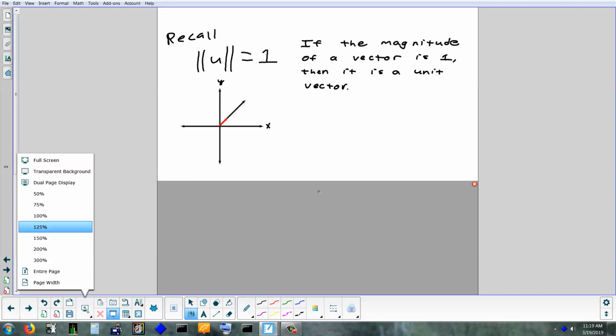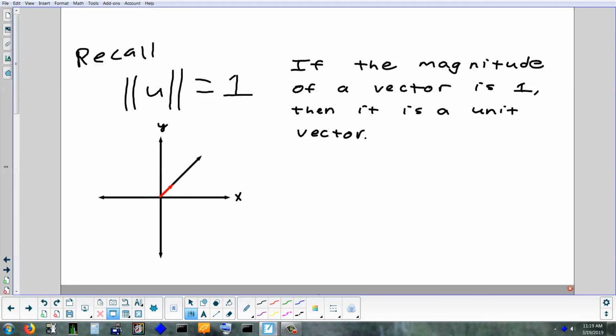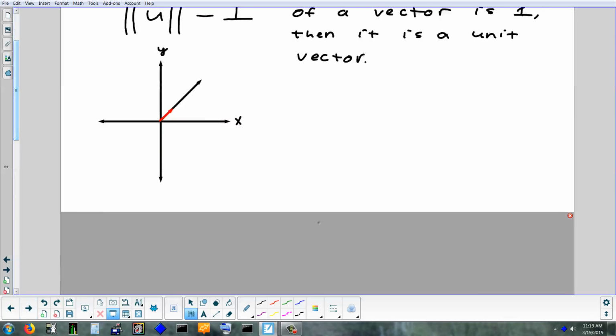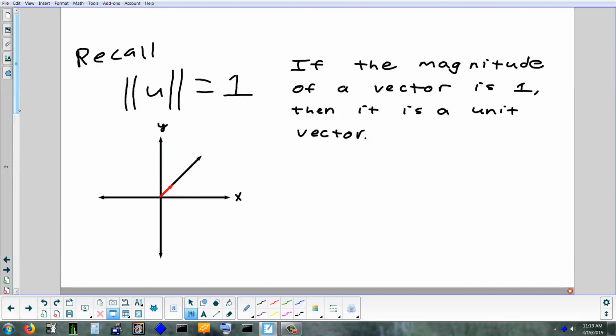All right, so reminder, if you have a vector that comes out exactly 1 unit long, that's called a unit vector. So what I want to do now is come up with a formula that will convert a vector into a unit vector if it's not.